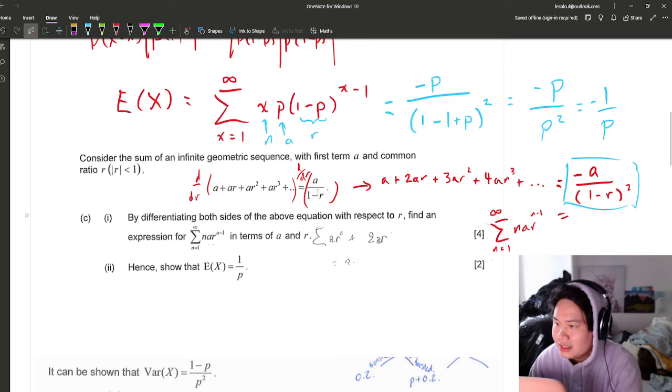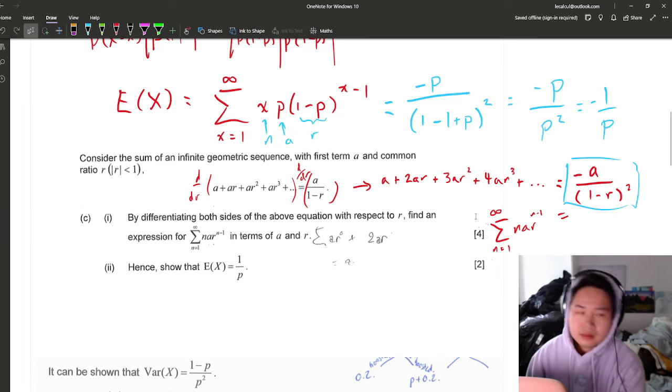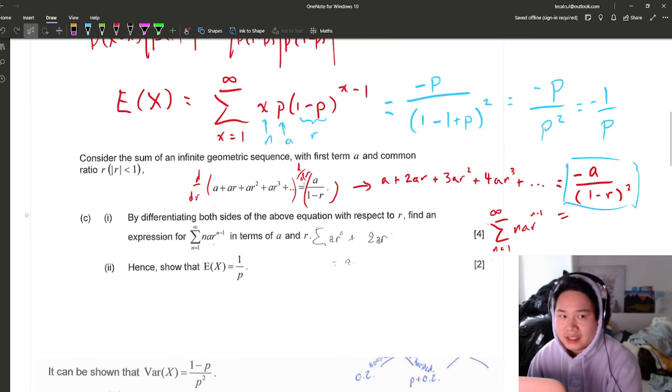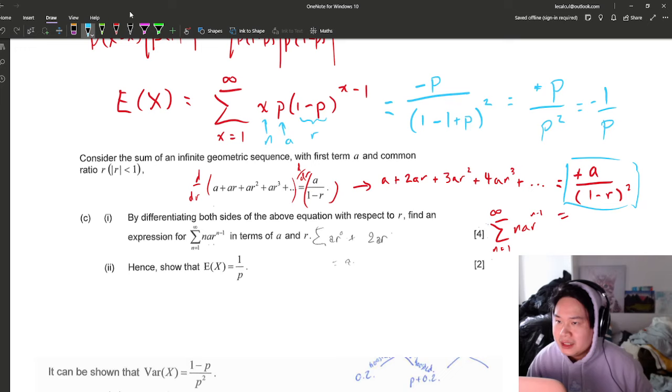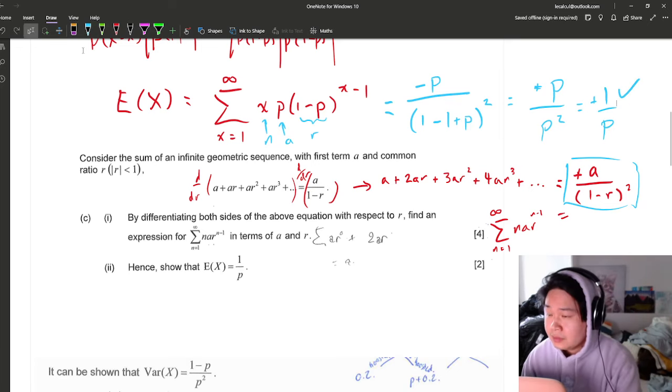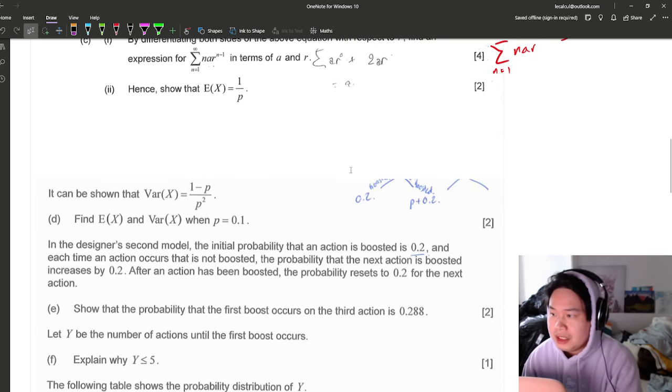And it's 1 minus r. Oh, I messed up the derivative of this. I forgot, there's a negative 1 from the exponent rule, and then there's another negative 1 from the chain rule, because there's a minus r on the inside. So this is positive, and this is positive, and then this is positive. Okay, done. Nice. So we have shown the expected value is 1 over p.